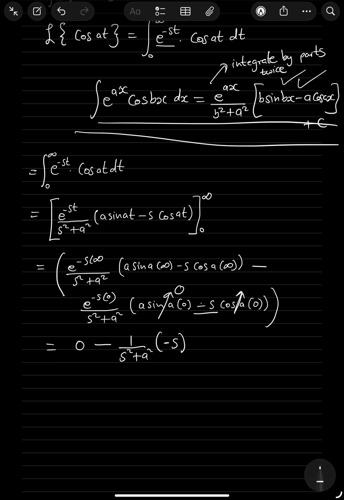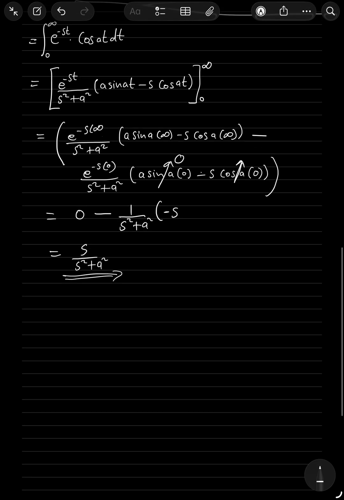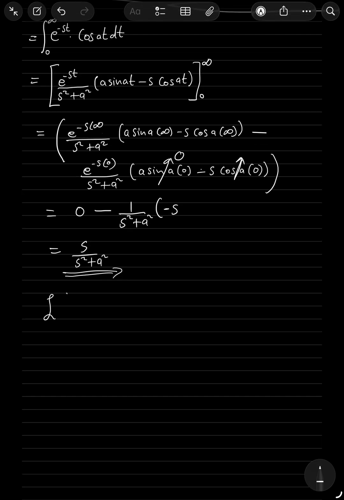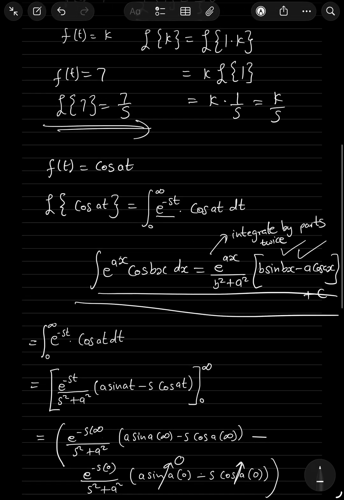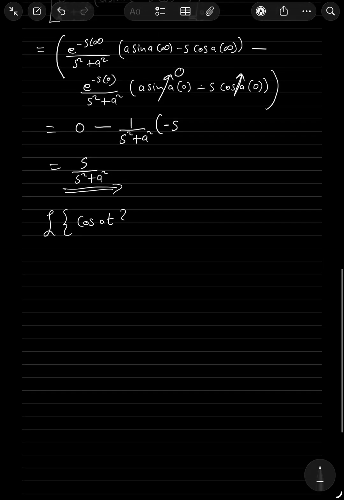Further simplifying, we get s over s squared plus a squared. So the Laplace of cos at is equal to s over s squared plus a squared.